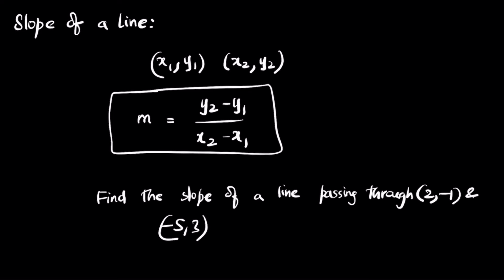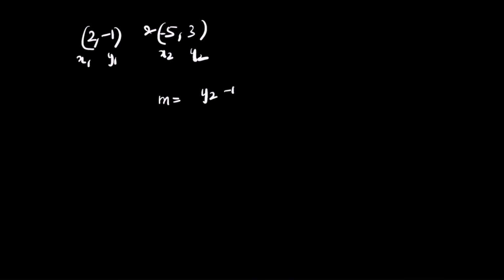So notice that there are 2 points, 2 comma minus 1 and minus 5 comma 3. So x1, y1, x2, y2. So the formula for m is y2 minus y1 by x2 minus x1. So y2 is 3 minus of minus 1 over x2 is minus 5 minus 2.